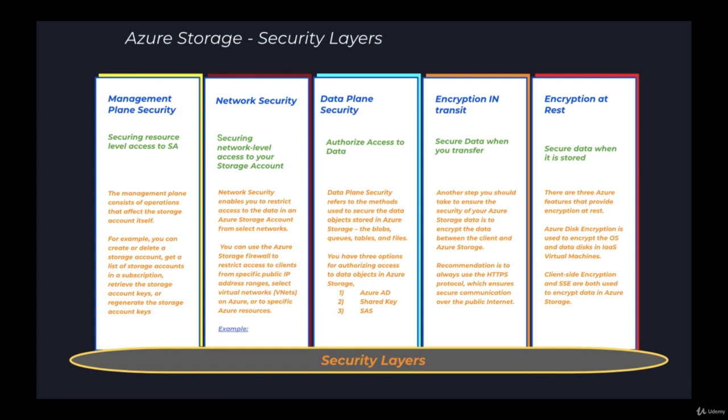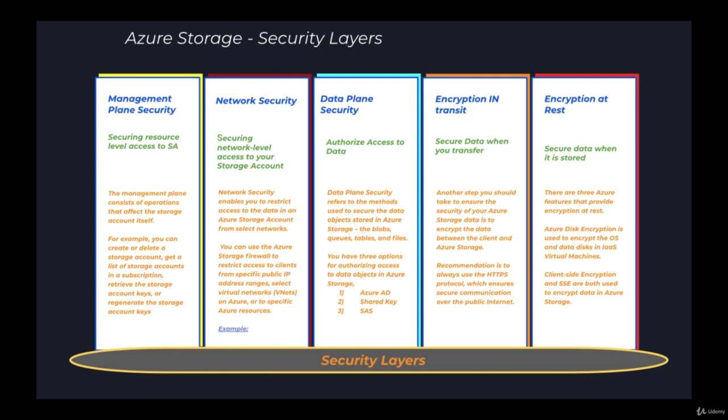So when we use HTTPS, a secure channel is established to transfer the data. You can also always use HTTPS when calling the REST APIs or accessing objects in the storage. And another option we have is using the client-side encryption in case of encryption in transit.